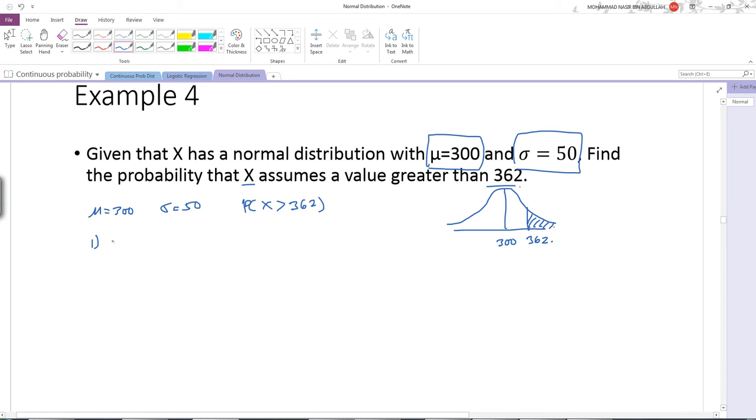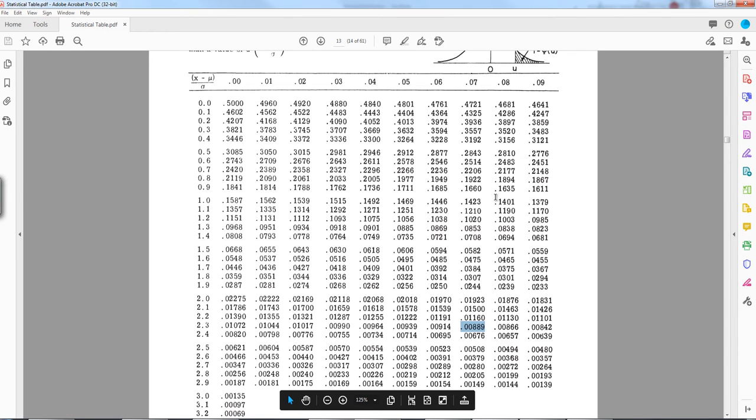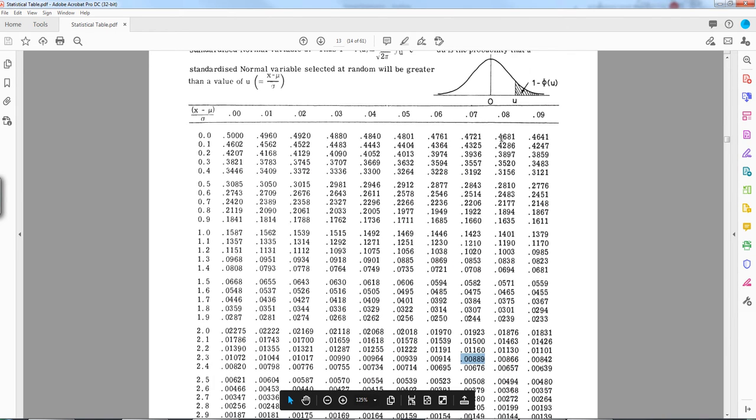First step is we need to convert to Z distribution. Why we need to convert to Z distribution? Because we want to refer our probability value based on statistical table.